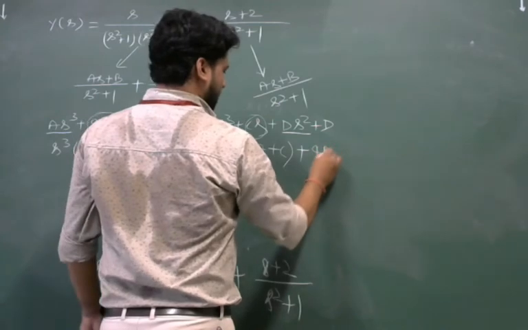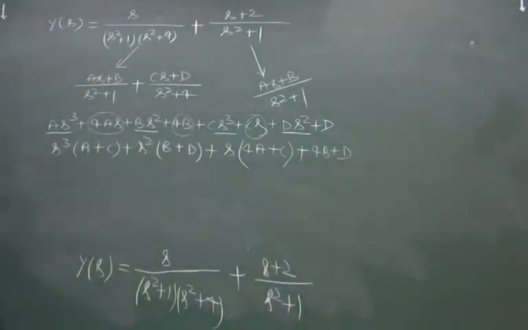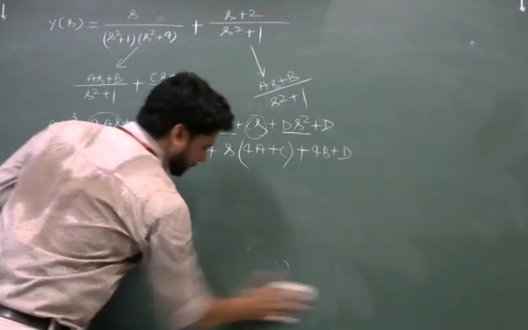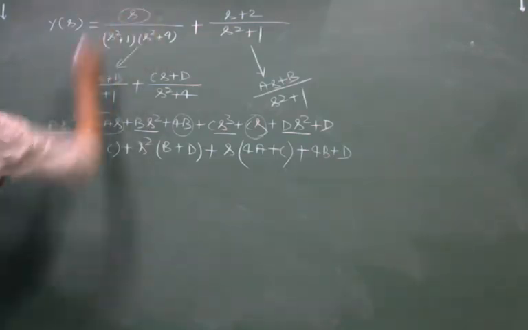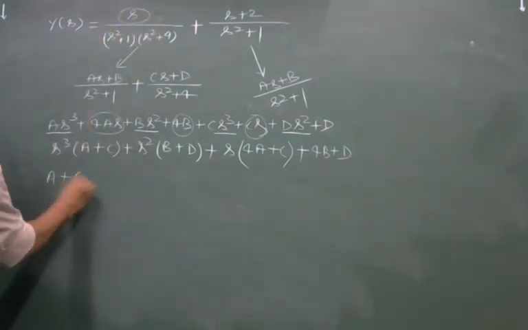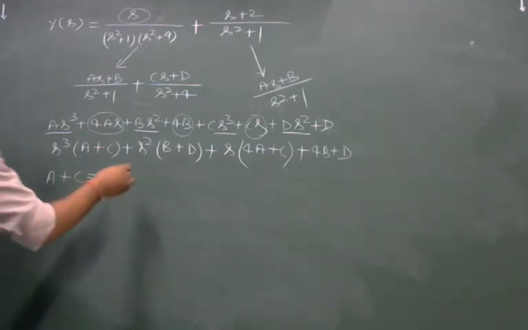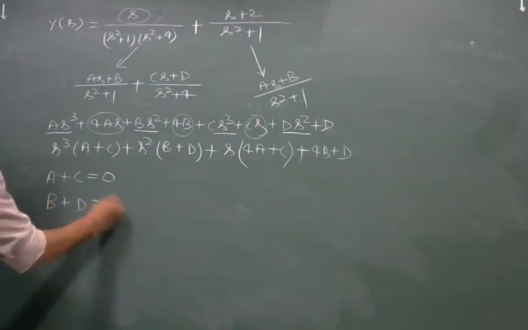By using this relation, we have to get the values of a, b, c and d. So from here s cube is not there, so a plus c will be equal to 0. s square is also not there, so b plus d will also be equal to 0.